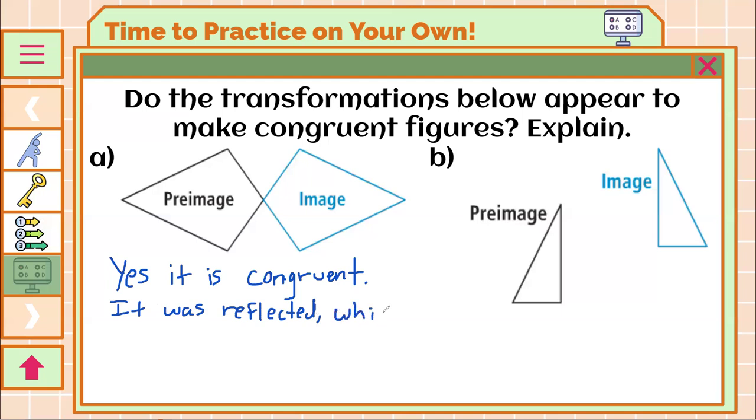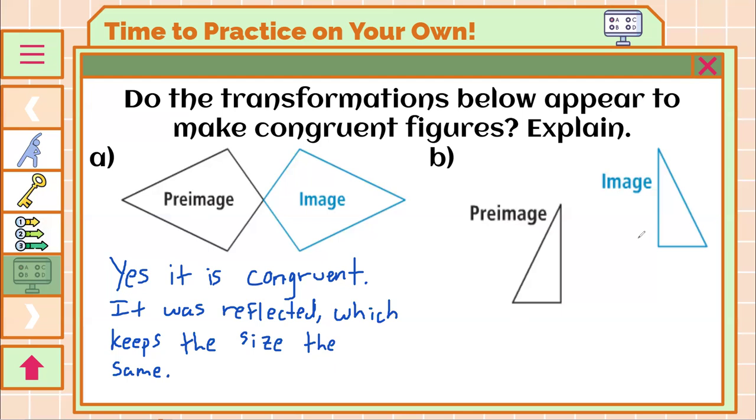When we reflect things, the size stays the same, the angles stay the same, it's the same shape. So it is congruent.